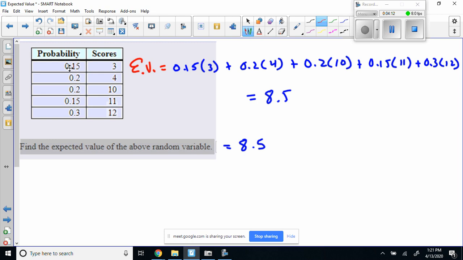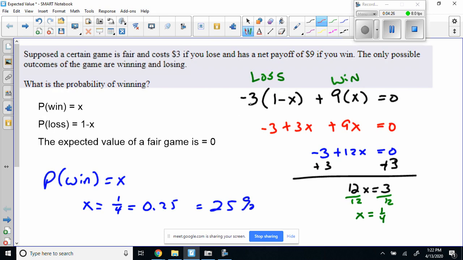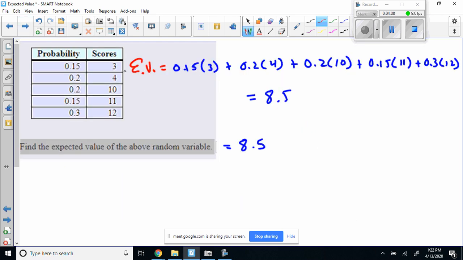It's basically probability times the score, plus the probability times that score, plus probability times that score, and so on. If you look right here, we've done the probability. Here's 1 minus x, and here's x. Those are probabilities times a value, right? -3 or +9. Well, they just gave you all the values in a table, right?